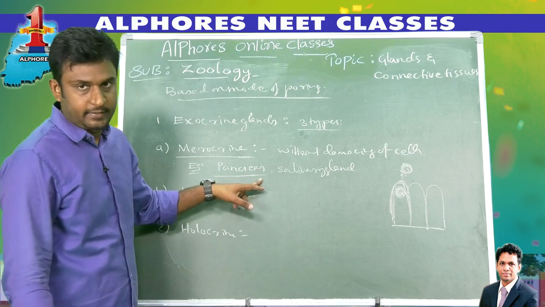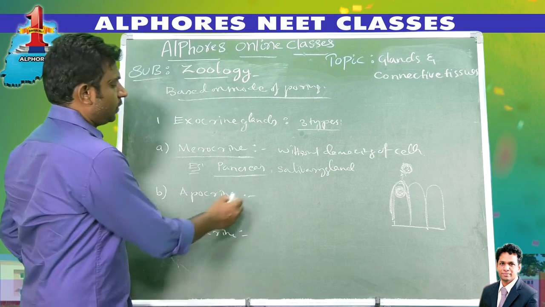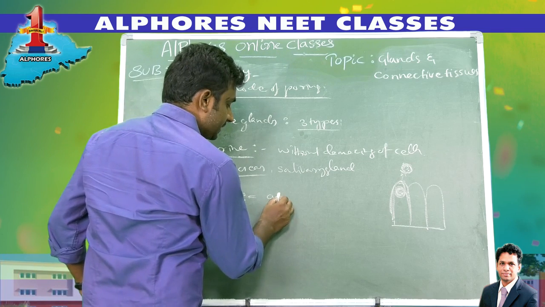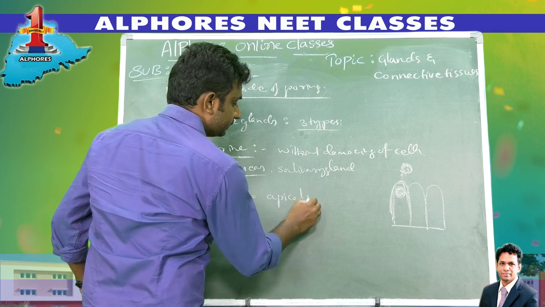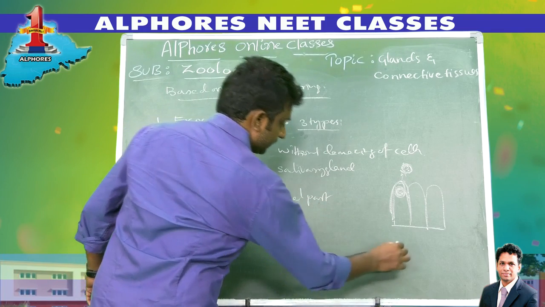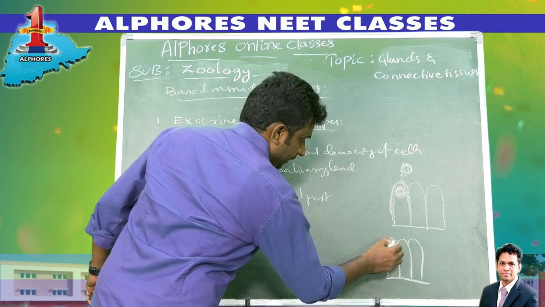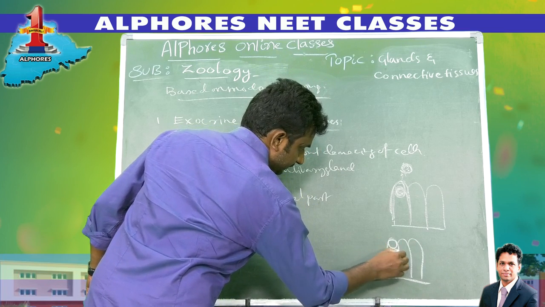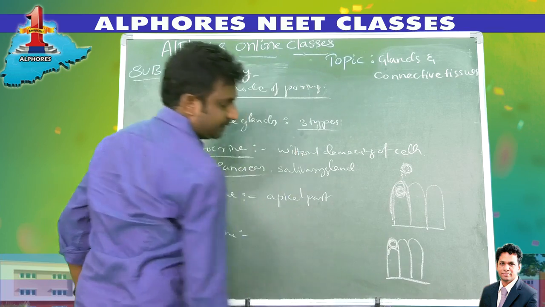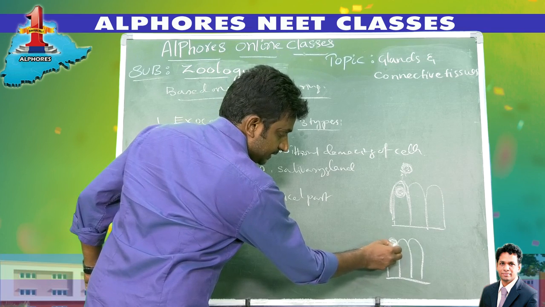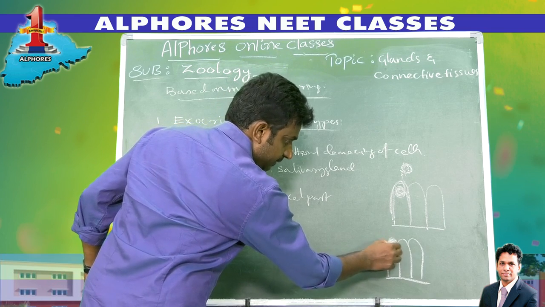Examples are important here. Next, apocrine glands. Apocrine means the apical part, the terminal part of the cell that contains the secretory material.